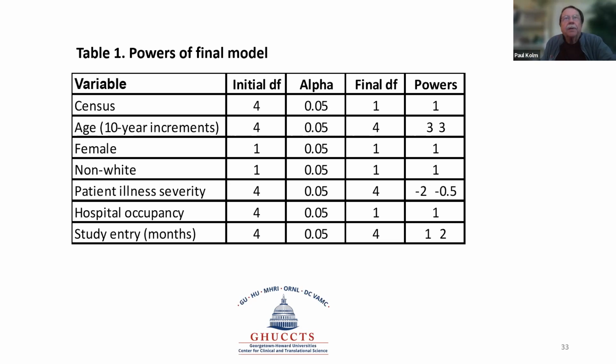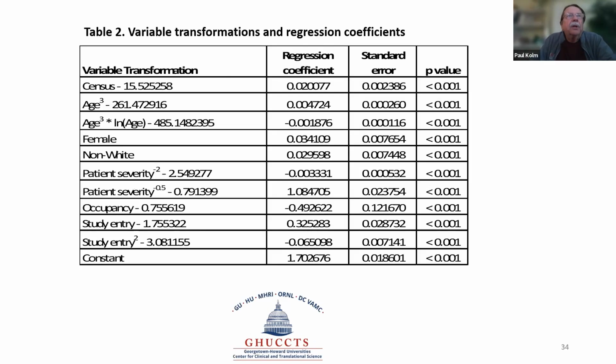And so this is what our regression coefficients and then the variable transformation that is made. So census here is census minus this constant.